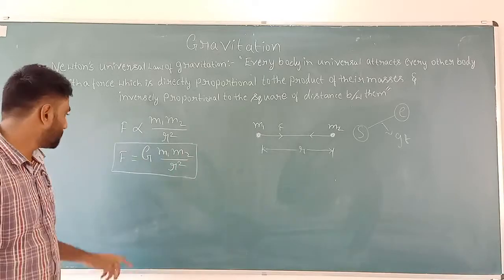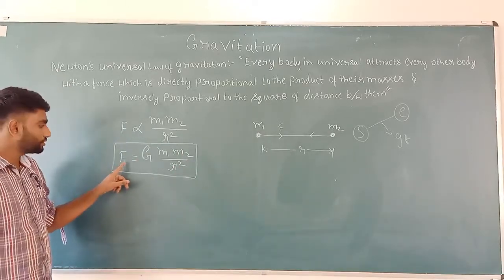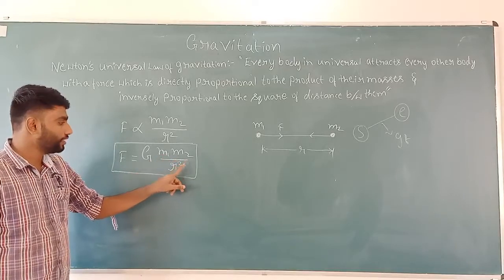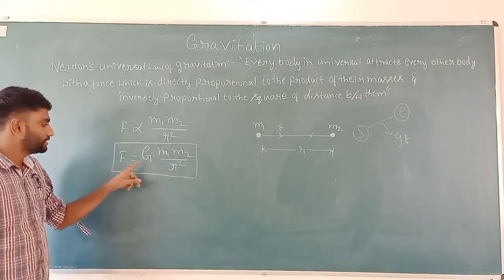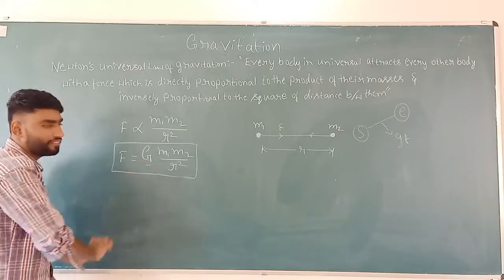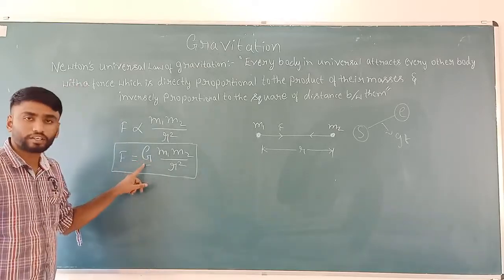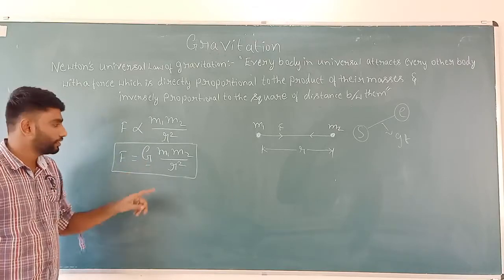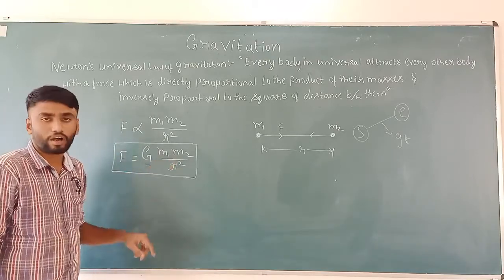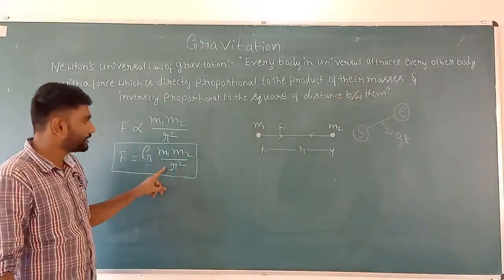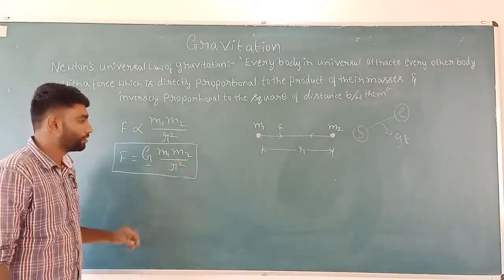So this equation, force equals G m1 m2 by r square. G is the gravitational constant, the universal gravitational constant. m1, m2 are masses and r is the distance.